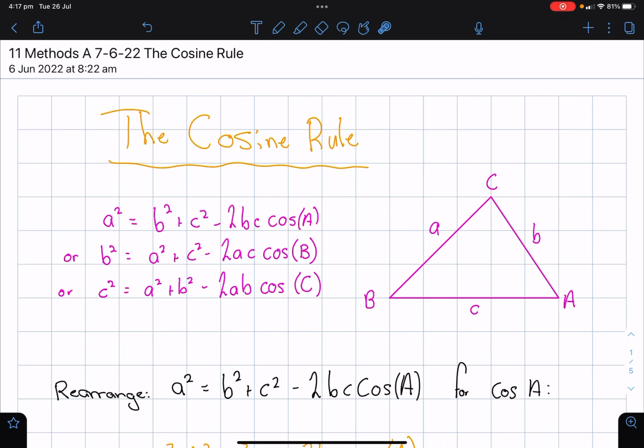All right, so you always have the two known sides in the formula, the unknown side outside and the unknown side's opposite angle. What we can do though, we can rearrange this equation for the angle that we know. So if we know all three sides, then we can find any angle.